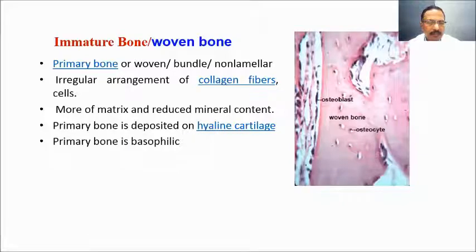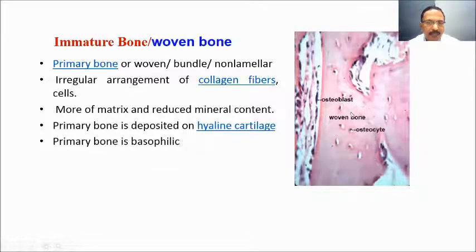Another type of bone, according to maturity, is the immature bone or newly formed bone. Usually, the newly formed bone will not have a lamellar appearance; it is undifferentiated, and osteoid is secreted randomly, in a diffuse manner around the cells.